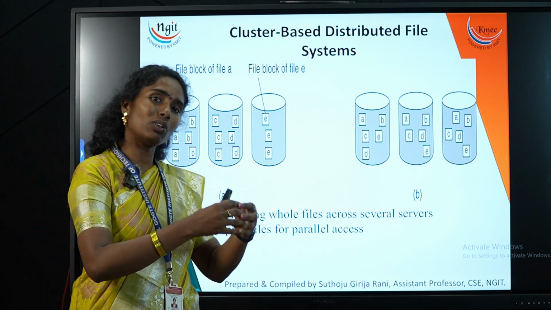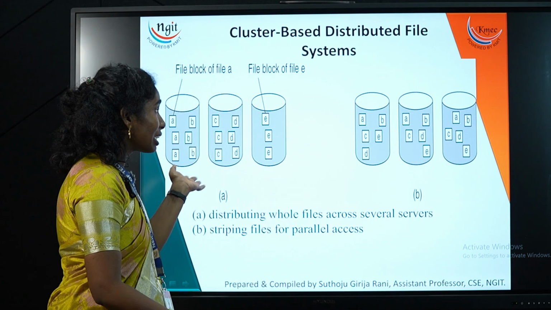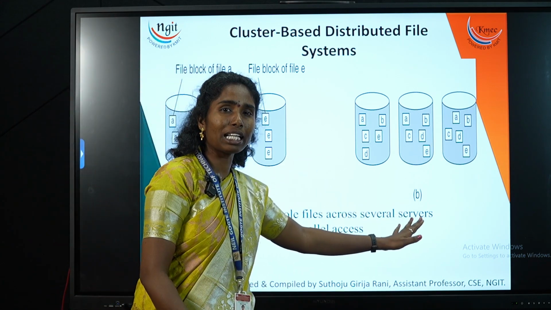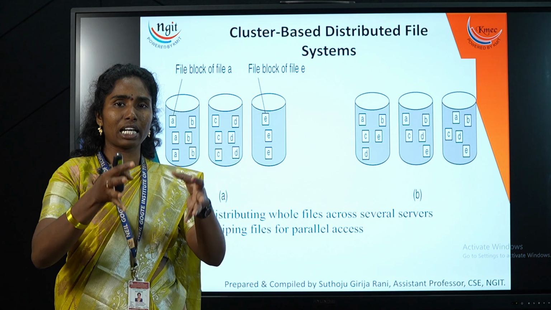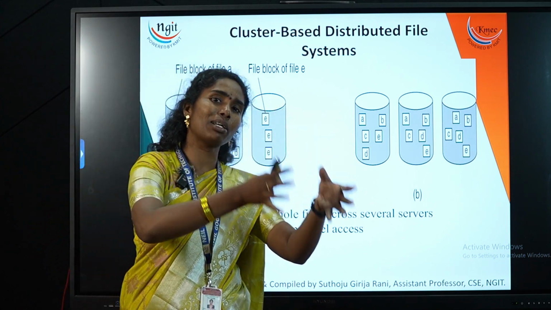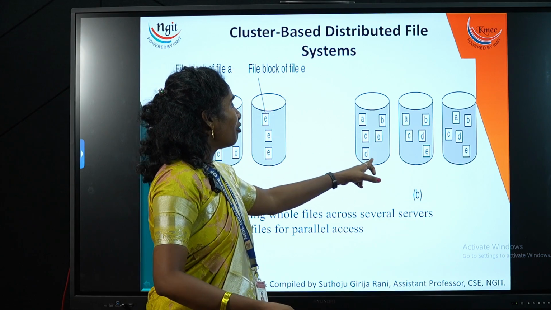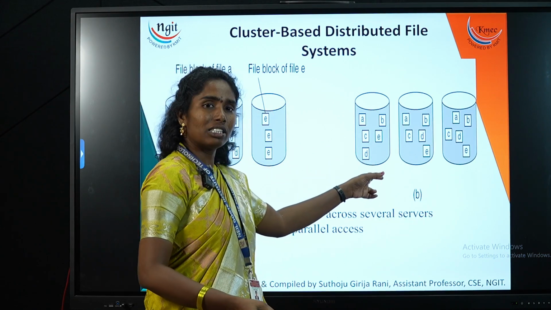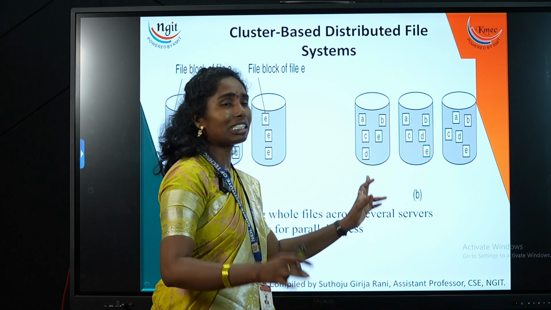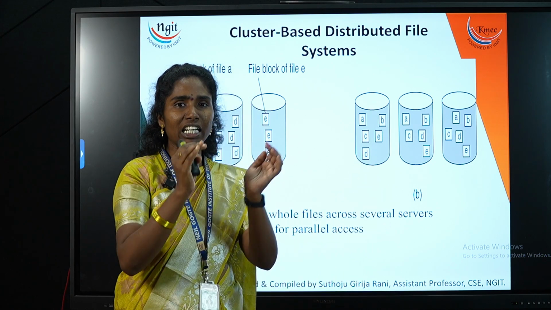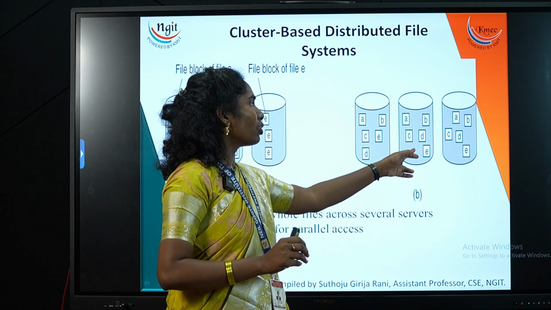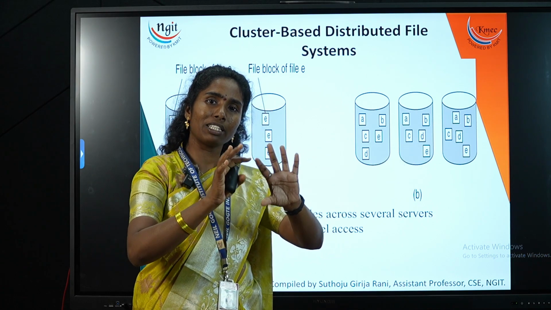But the second type, which is our striping type, will have one database, where the whole database will have one replica. So like this, if I go to access this, I can have all the files in one single slot. That is what a cluster is, right? So if I go to this, all the files will be available in that cluster.